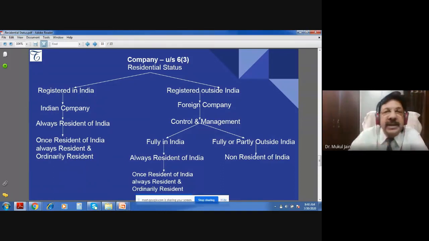And I told you that time, if you remember, that the registered office is very sacrosanct for a company. A company can have many branches in India, but its residential status within India is known by the state in which it is registered.